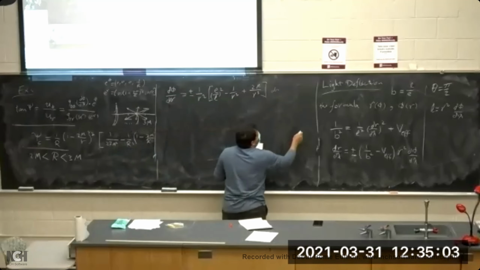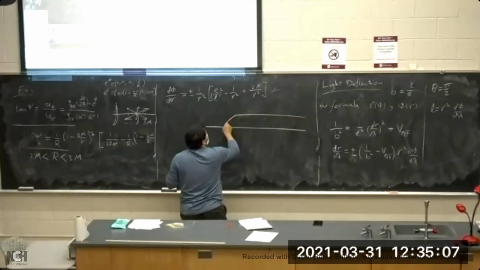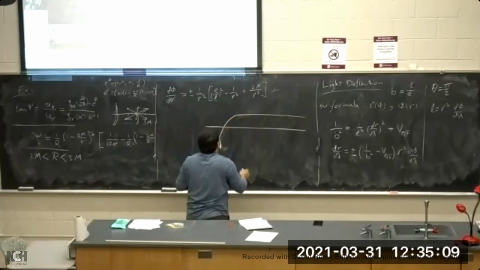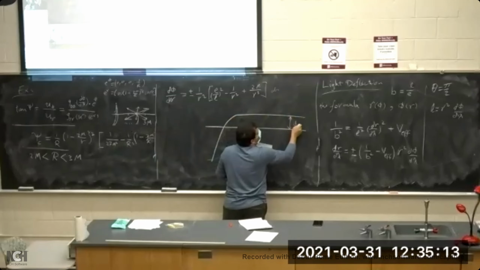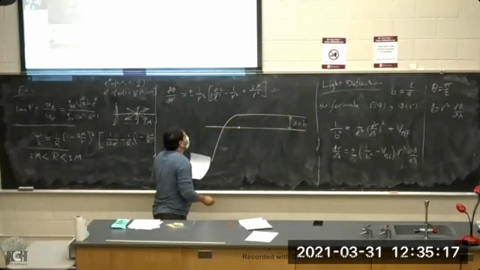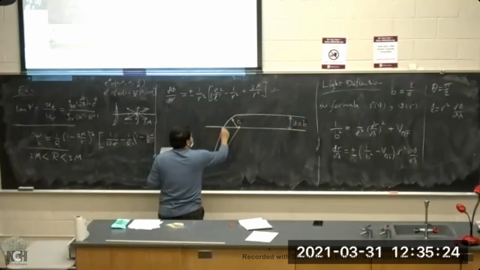In this case, let us see this scattering or deflection case. This is D or B, which is the impact parameter, and this is the R minimum, which is R1.